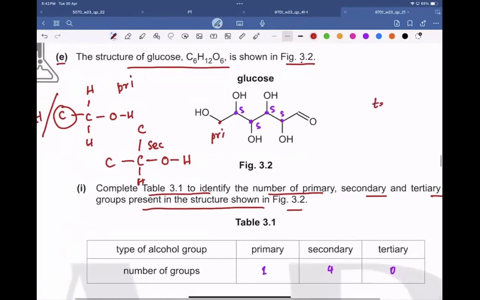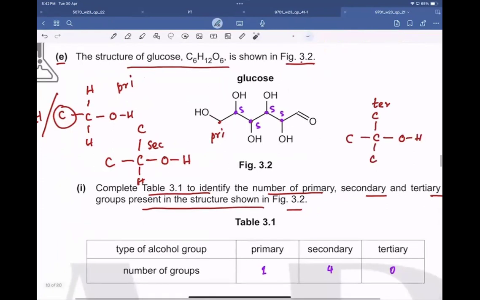And for the tertiary one, a carbon which is bonded to an OH is bonded to carbon on three sides. So there is no such carbon which has an OH bonded to carbons on three sides. See, all of them which I highlighted right now have two carbons on these carbons, right? So they all are secondary. And if you look at this one, this is bonded to one more carbon only. So this one is a primary. Is it clear?